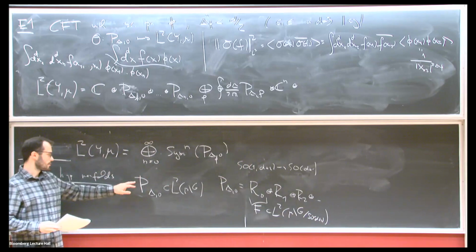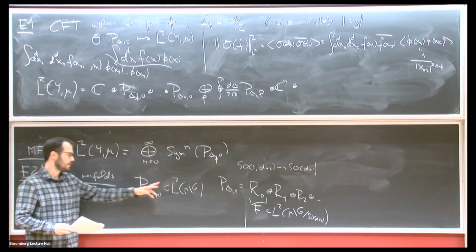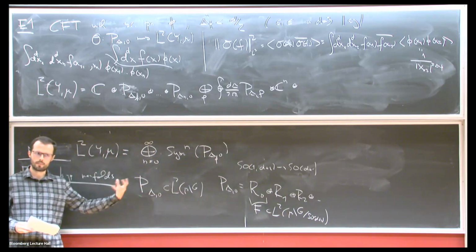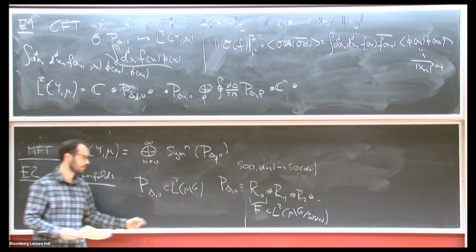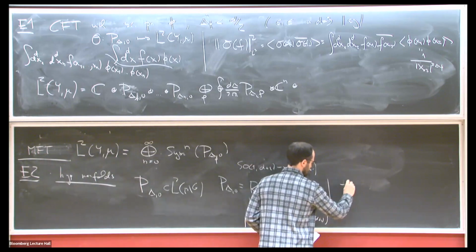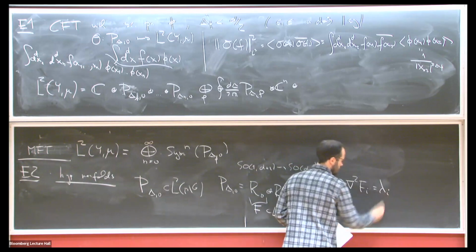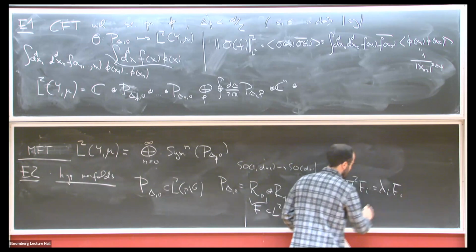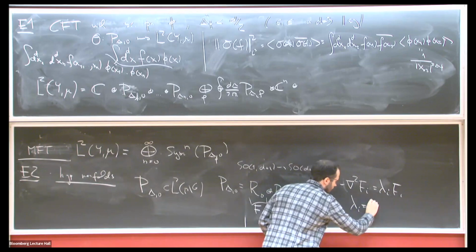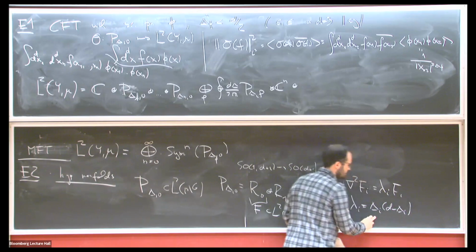And it's irreducible, so it's an eigenfunction of the quadratic Casimir of G. And the quadratic Casimir becomes the Laplacian on the manifold. So this F is an eigenfunction of the Laplacian with eigenvalue lambda, where lambda is the eigenvalue of the quadratic Casimir. It's Δ times (d minus Δ).